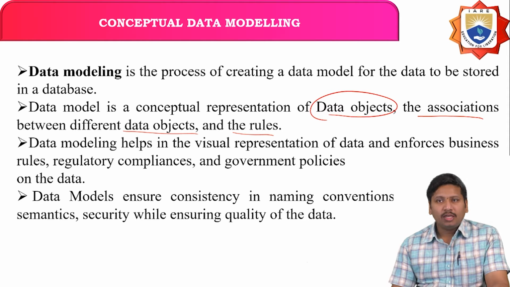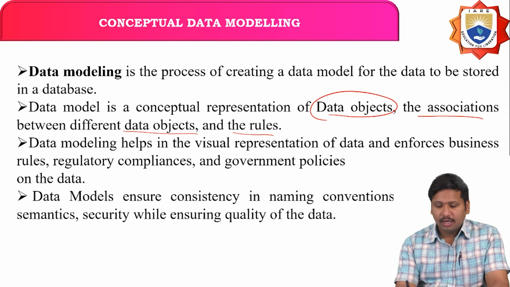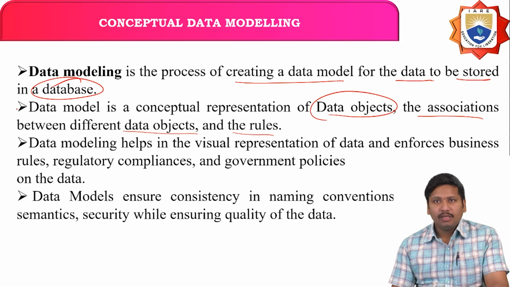Okay, data modeling is nothing but the process of creating the data model for the data to be stored in the database, and the data model is the conceptual representation by making use of relationships or associations between the data objects and the rules.